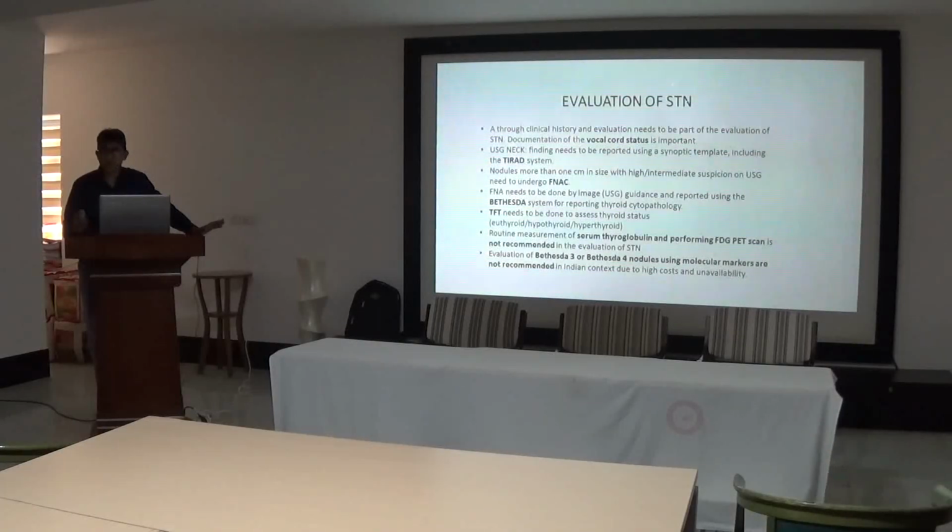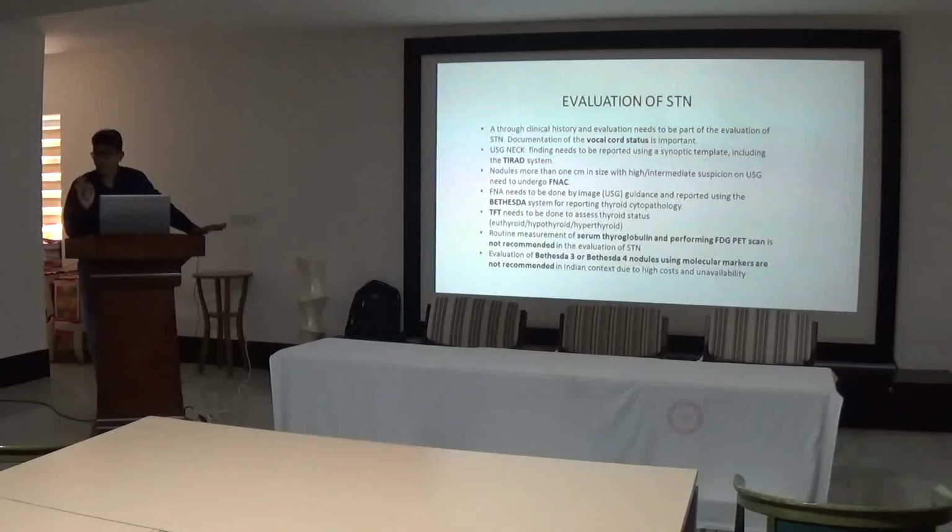Sometimes what happens is that there is a nodule, say of 5 to 6 centimeters. Only say 1 or 2 centimeters is cystic, but there is a solid component also. So when you do a sonography, they will be able to see where the cyst is and where the solid component is. Then they would assess the solid part, and so it is always recommended to never do a thyroid FNAC blindly.